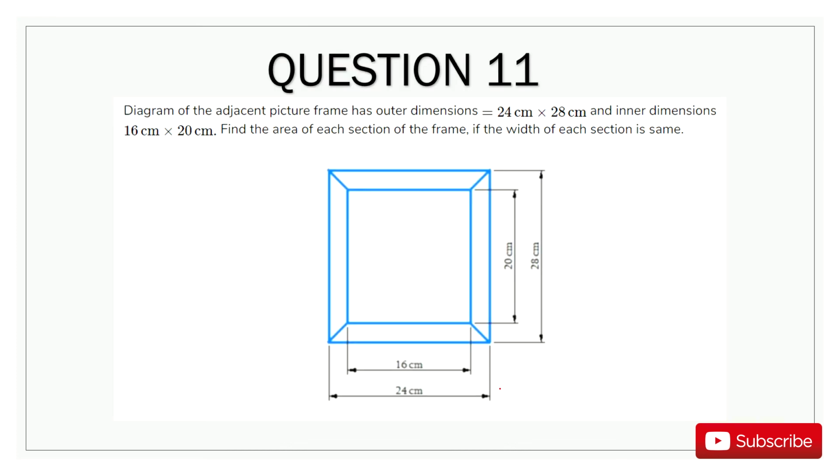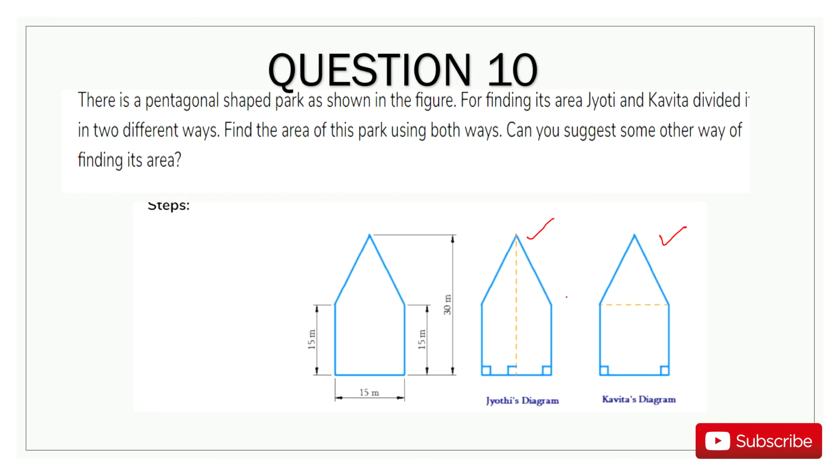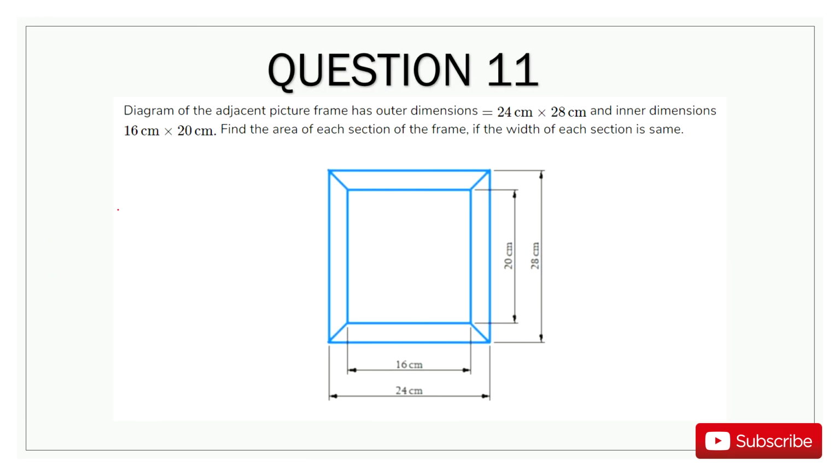Alright, if I talk about Kavita, this will be answered by you all in the comment section. Please answer it in the comment section so that we can find out the answer for this. It's not complete.